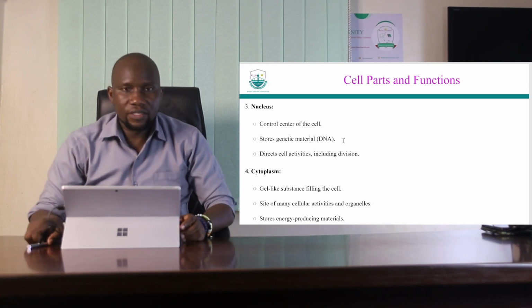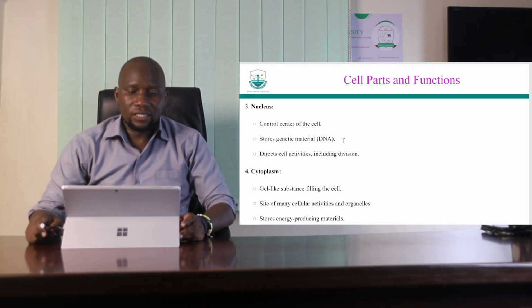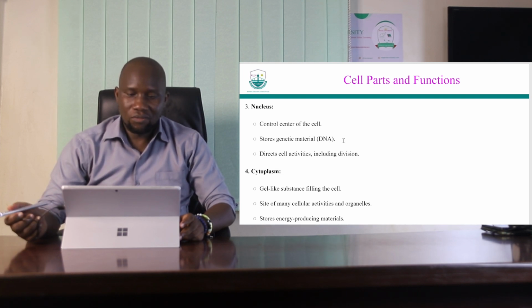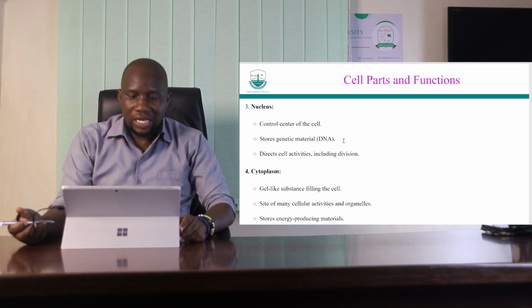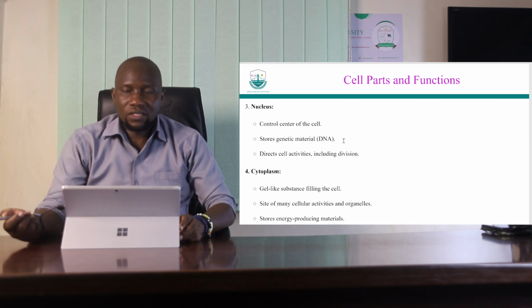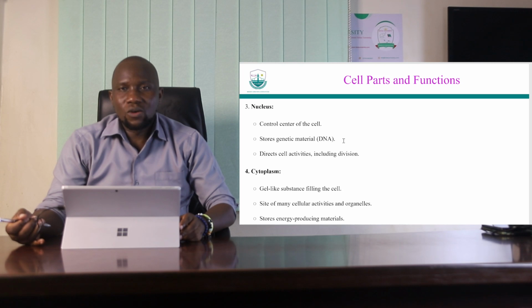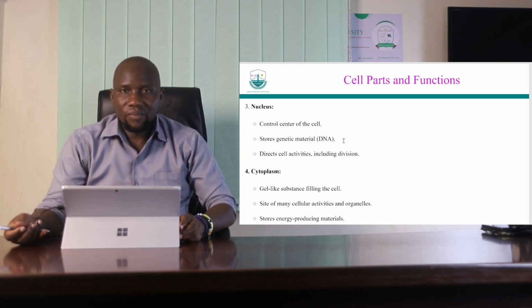the nucleus is the center of control. This means that it controls all the activities of the cell, including cell division. It also contains the genetic material in the form of DNA. And then the cytoplasm, which is the gel-like substance that fills up the inside of the cell, is the site where we have a lot of cellular activities happening.